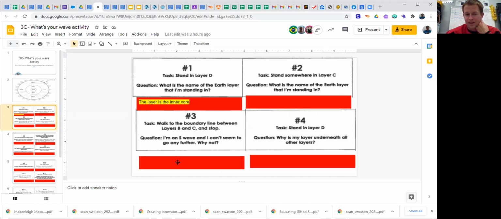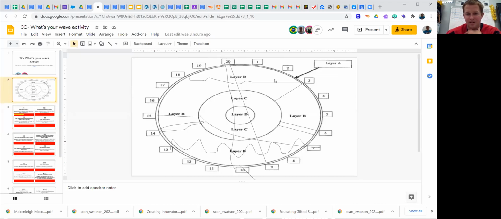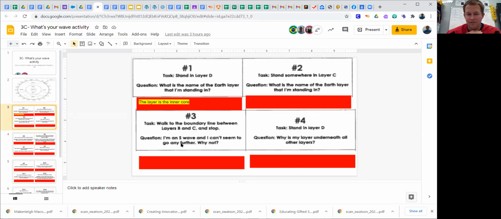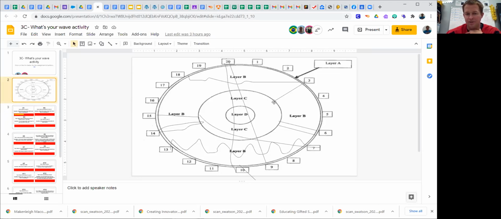Okay, I also did number 3 for you, so let's take a look at that. It says, walk to the boundary between layers B and C and stop. So right here, you start at number 3, and then you walk down to that boundary between C and B, and it says stop. It says, I am an S wave and can't seem to go any further. Why not? Why can't S waves go through the outer core?